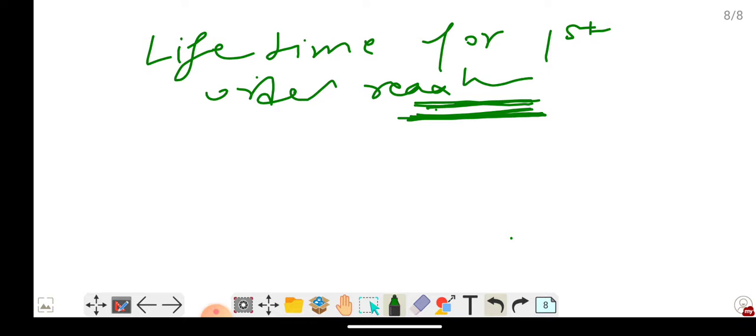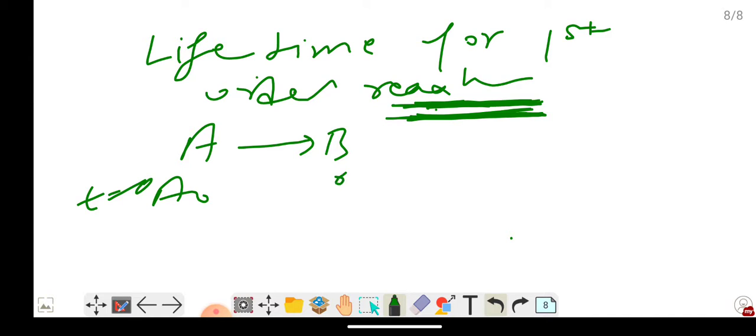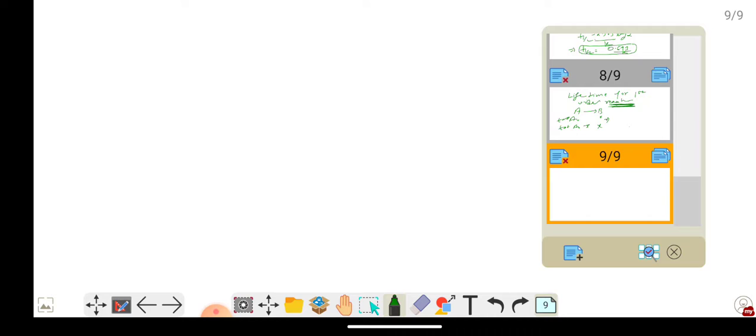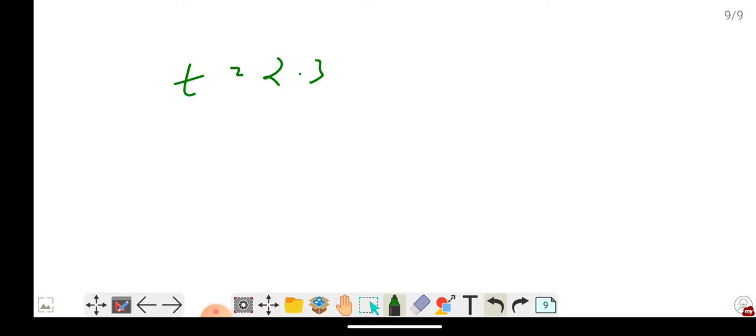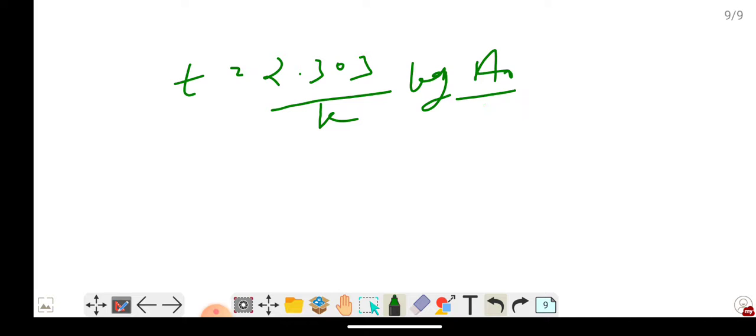So here we have, let reactant be A naught at t is equal to 0 and 0 product at t is equal to 0, and at t is equal to t, A naught minus x and x. In this way we have derived this equation, t is equal to 2.303 by k log A naught by A.